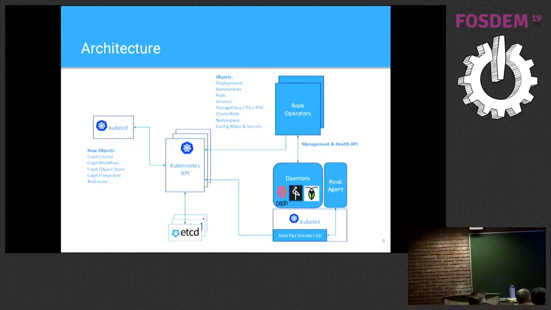Then there's also the Rook agent. In our current case, it is the so-called Rook Flex Volume provider, a plugin provider. Flex Volume is kind of the predecessor of CSI in Kubernetes, where CSI is the Container Storage Interface, which, as the name implies, is a common interface for storage, not only for containers but in general.